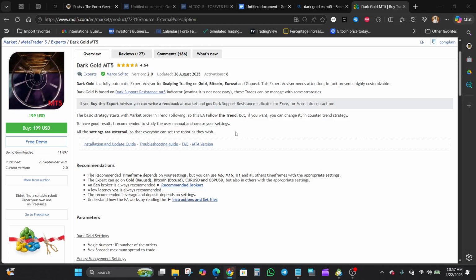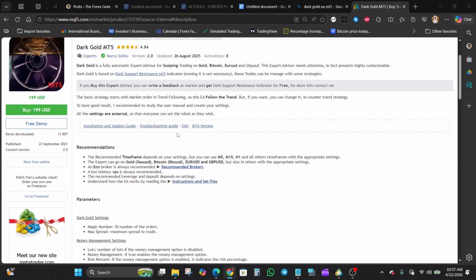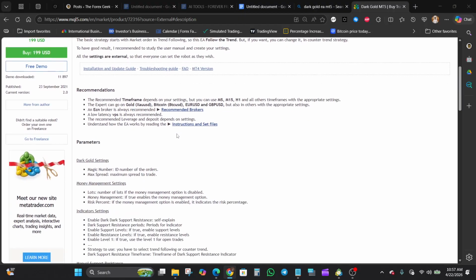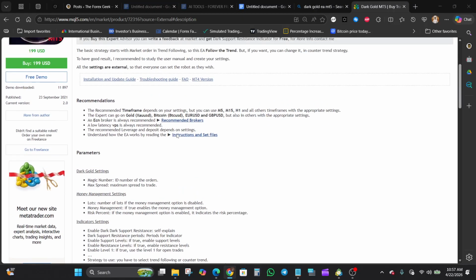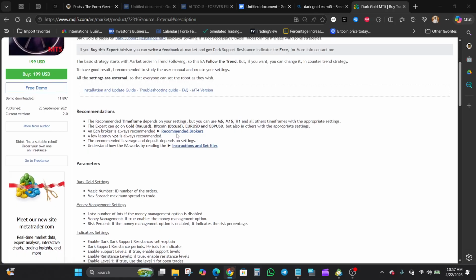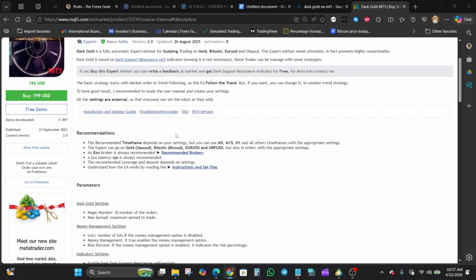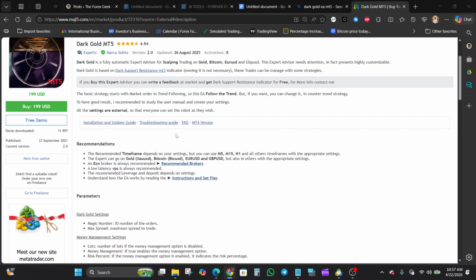All right, we can see that it also mentions something very important. The EA is highly customizable. That tells me this is not a plug and play type of robot. You actually need to understand how to adjust settings depending on market conditions.